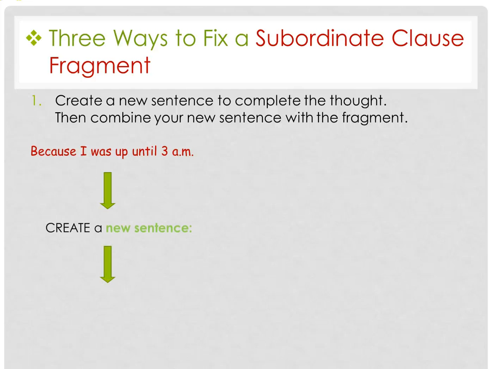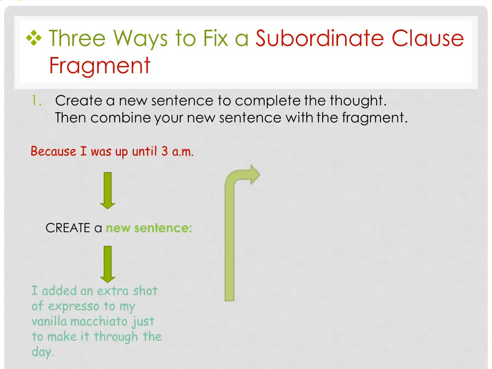I create a new sentence and add it so that that dependent clause has something to lean on. So the sentence I created was, well, what would I do if I was up till 3 a.m.? And I decided I would probably add extra espresso to my morning coffee. So I wrote, I added an extra shot of espresso to my vanilla macchiato just to make it through the day.